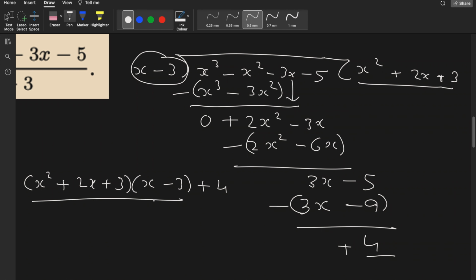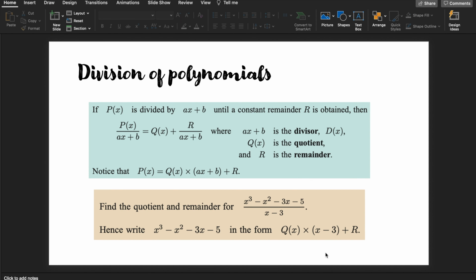This is our final answer, which is also equivalent to p of x, our function. Let us work on a few examples to ensure that this concept is very clear, because it's going to come very frequently, not only in additional mathematics, but also in AS level and A level if you decide to take it.